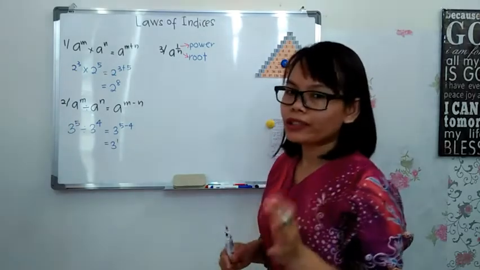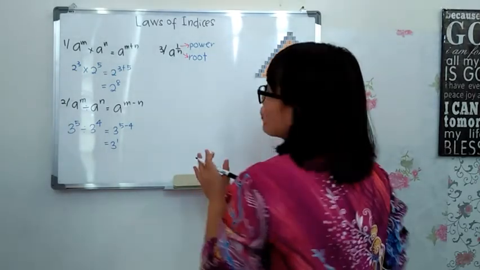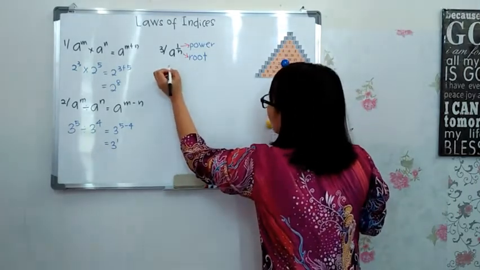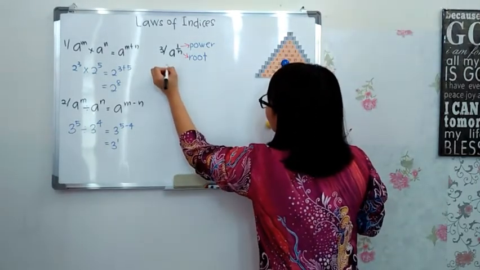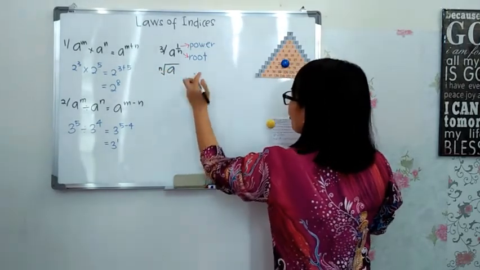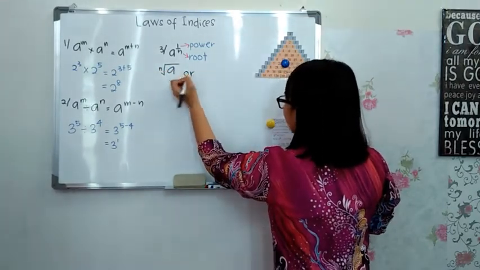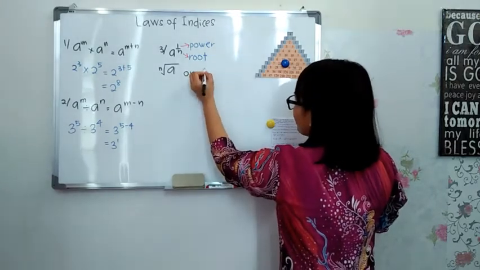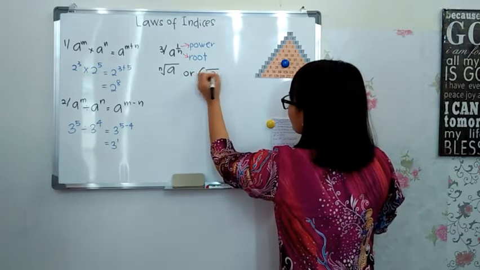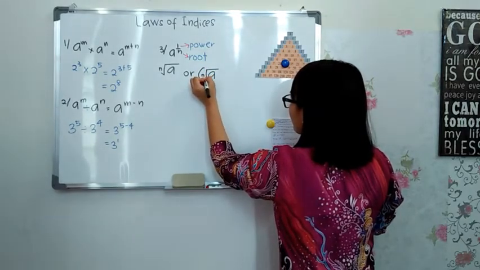Okay, so this one actually we can write like this: a root n, or bracket a root n.